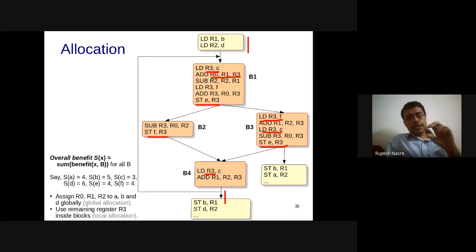Although there might be an instruction which says B equal to something or D equal to something, it was using directly these R1 and R2 rather than the memory location, and that improves the execution efficiency. And that also indicates that if you have more number of registers available, your efficiency of the program execution is likely to be better. And why do we store only R1 and R2 and why not R0?